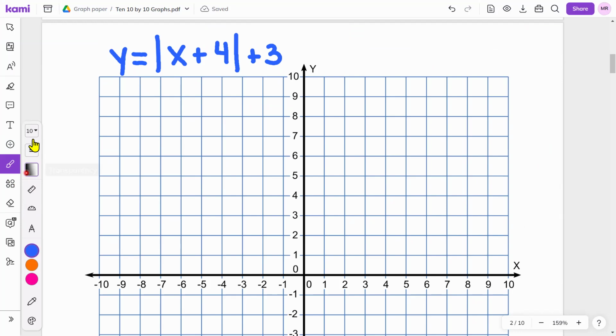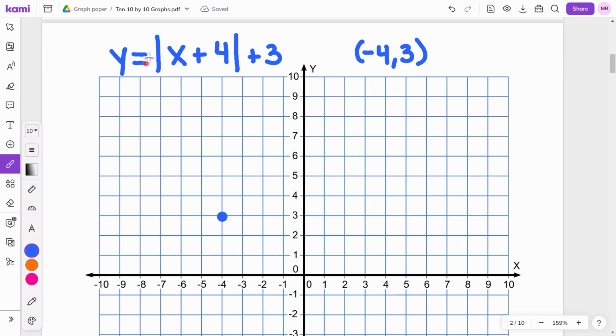So when I'm doing this, first off, my vertex is going to be what makes this 0, which is going to be a -4, comma, this number, which is 3. That's going to be my vertex. So I am going to be going to -4, 3. That's where I'm going to start.